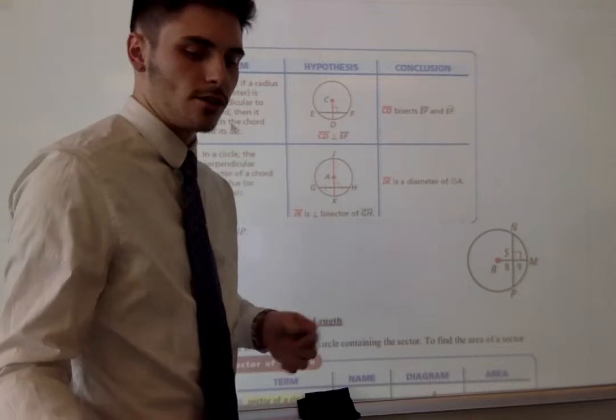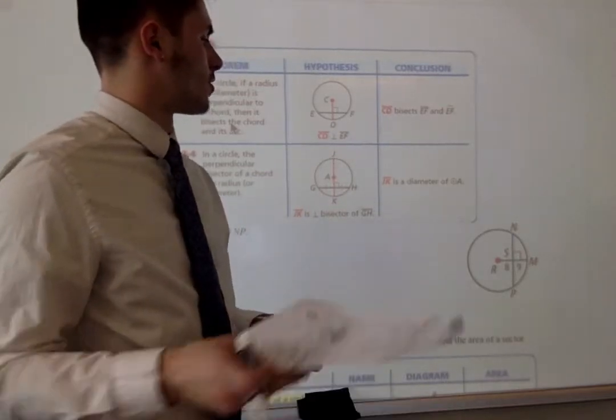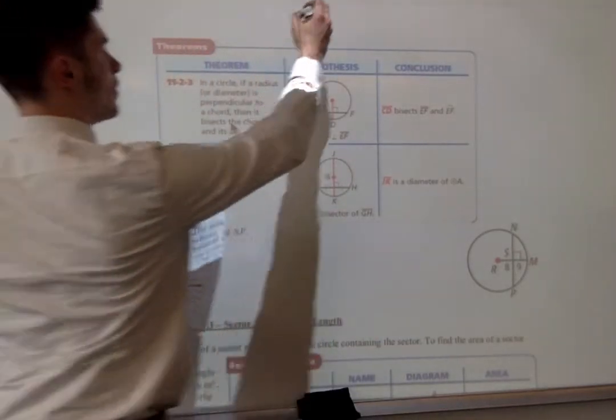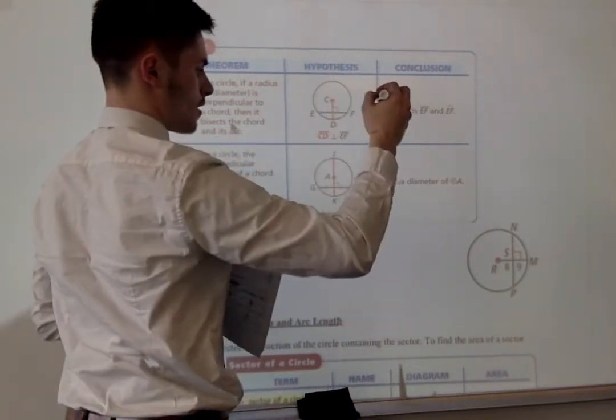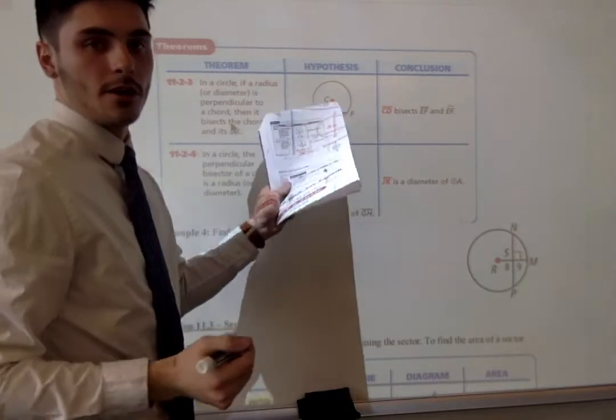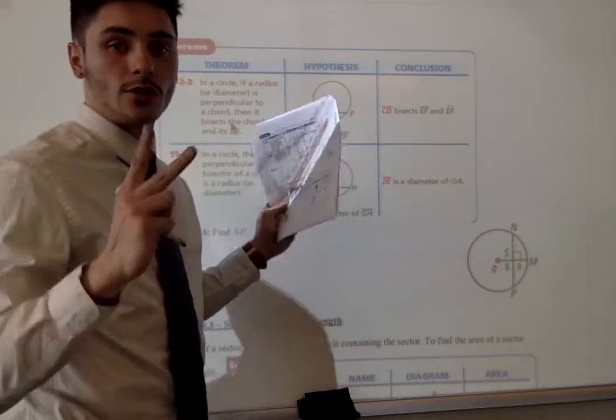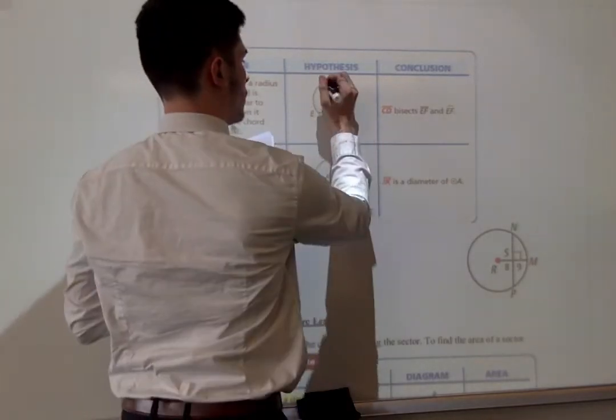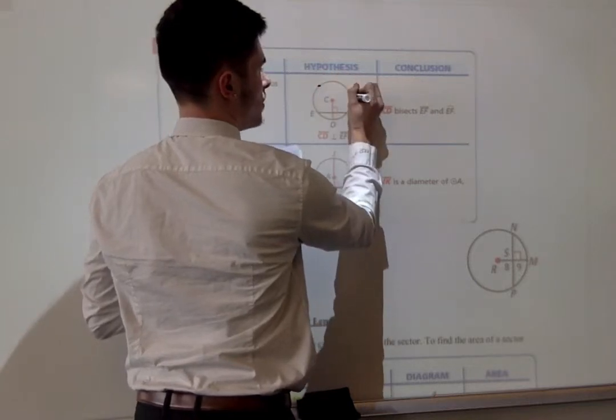So what this is basically saying is, if we have a circle, we'll just use this circle. So if we have a circle right here, and we draw 2 points on it to create a chord, it doesn't matter where you draw it.